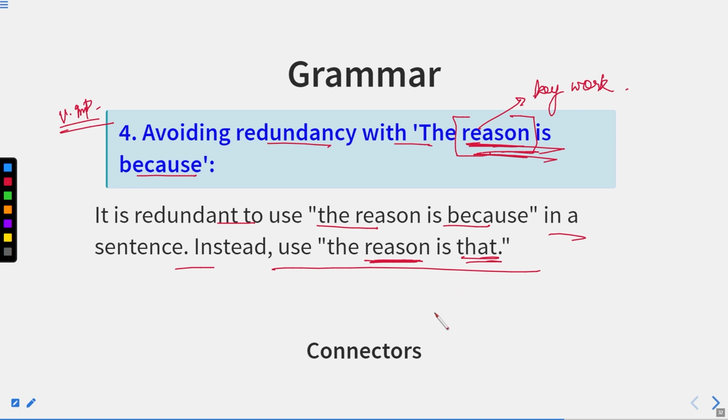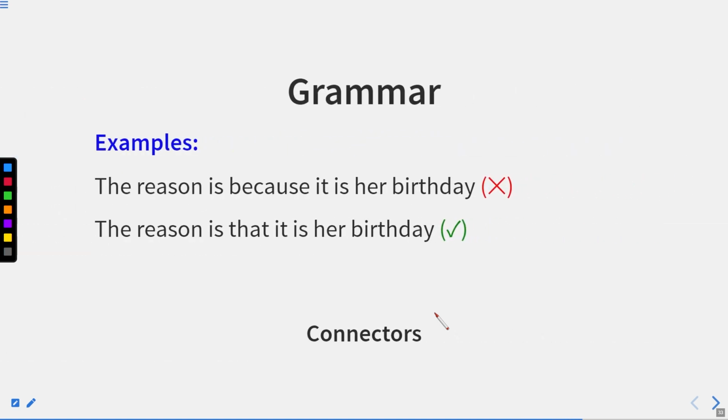For example, if I say the reason why she was rejected was because she was underage, that is incorrect. But if I say the reason why she was rejected was that she was underage, so we can use that instead of because. We cannot use because and reason together in the sentence.